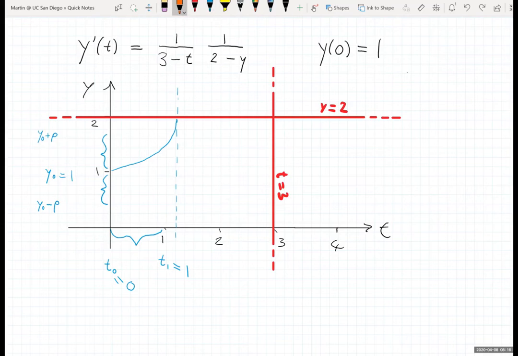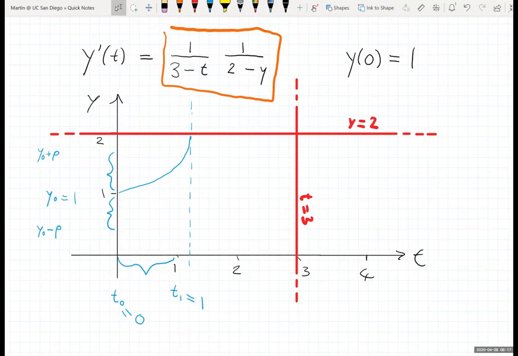So let's first have a look at the right-hand side of this initial value problem. So we've got the expression 1 over 3 minus t times 1 over 2 minus y. So that expression is not defined when t is equal to 3 or when y is equal to 2.